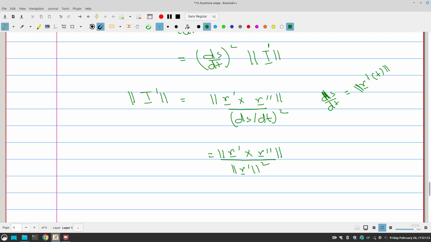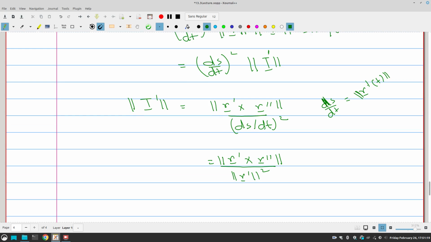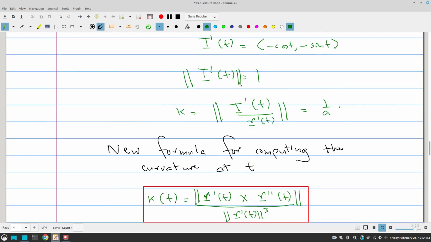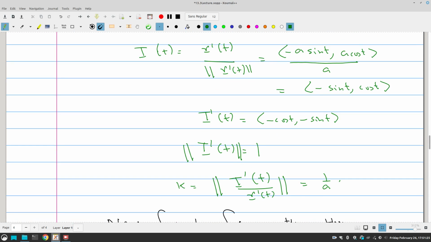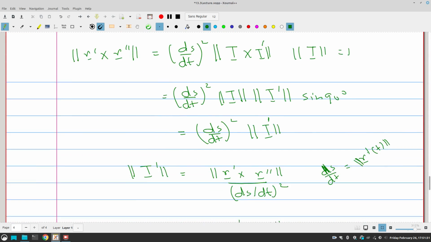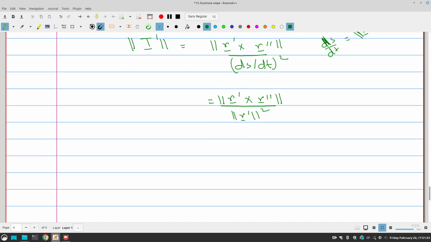So kappa, remember how we defined kappa? Kappa was defined as the magnitude of T prime of t divided by the magnitude of r prime of t.